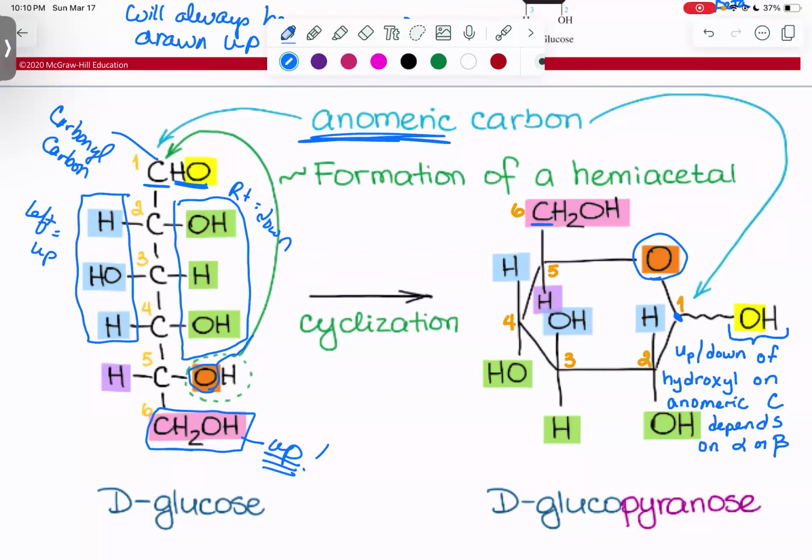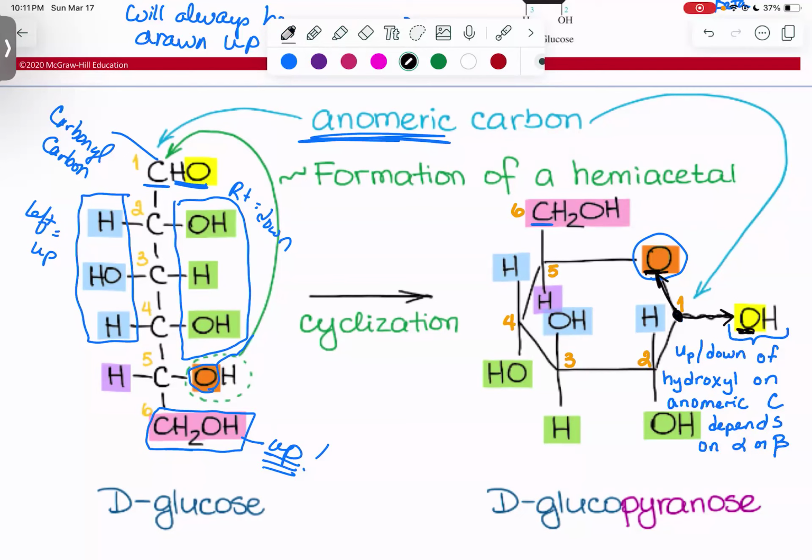Anomeric carbon, okay? All right. So our anomeric carbon is bonded to, if we go this way, one oxygen, and if we go this way, another oxygen. So our anomeric carbon is always bonded to 2 oxygens.